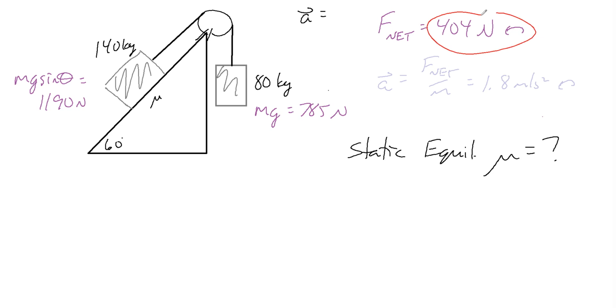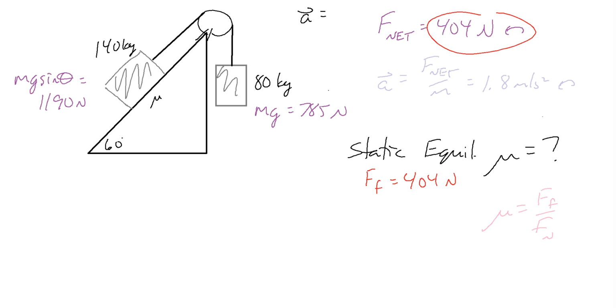I have 404 trying to move it. Well, that hasn't changed. I still have 404 trying to move it, but it's not moving. It's in equilibrium. So that tells me that my force of friction must be 404 newtons to cancel out what is actually trying to move it. So that right there, I know my force of friction is going to be 404. But to find my coefficient of friction, I need to know my FF and my FN.